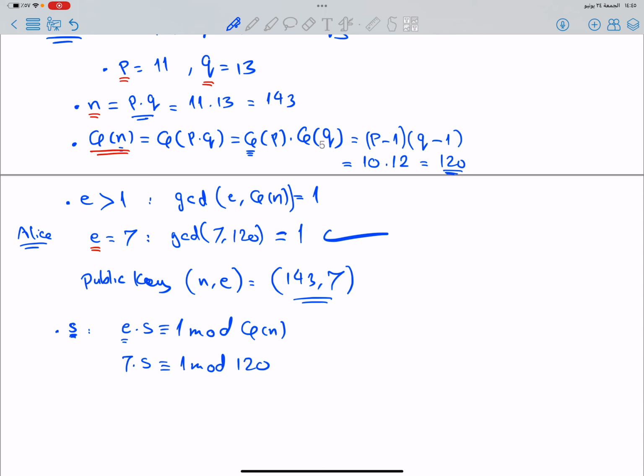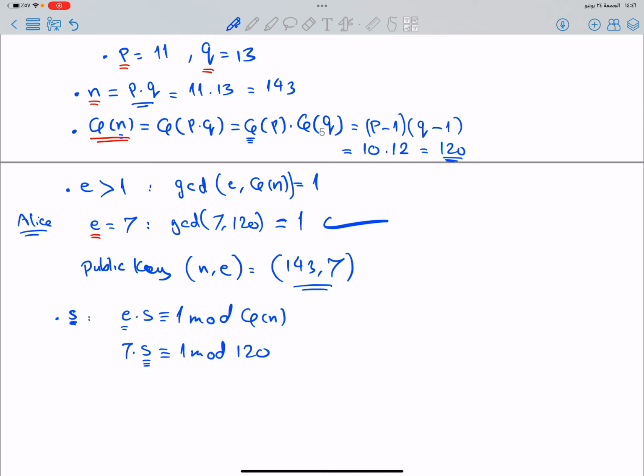How can we calculate S? We should calculate S with the extended Euclidean algorithm. And this is very important to know what's the value of S.